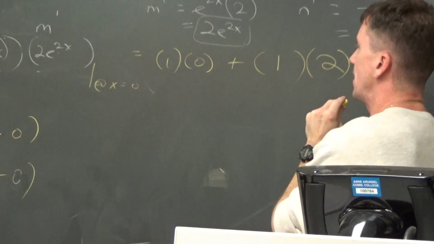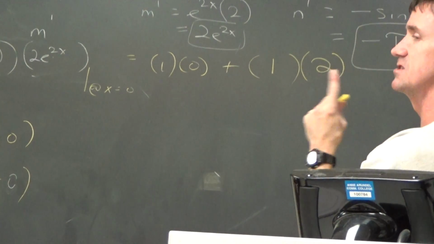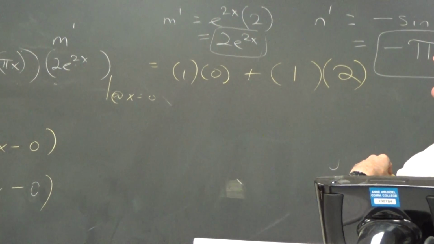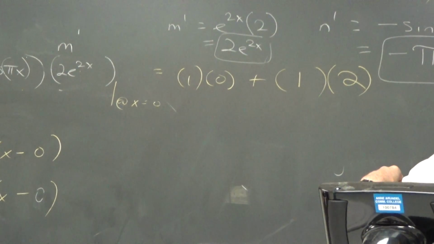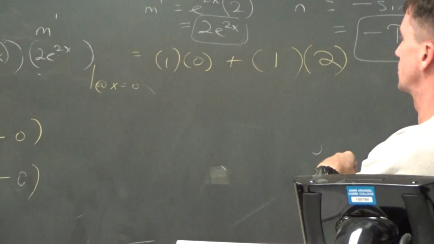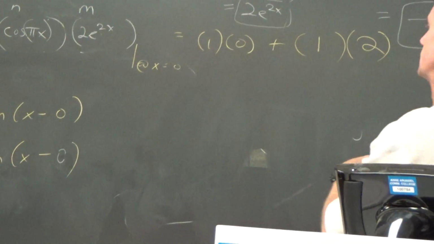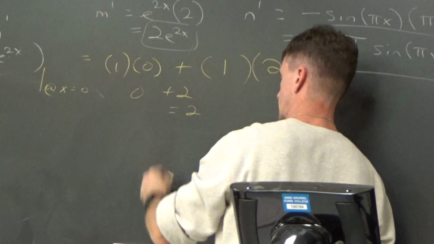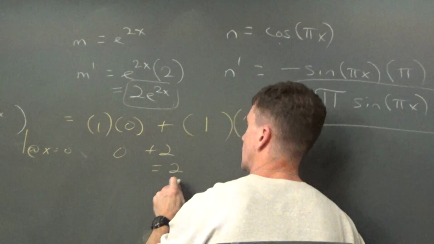So check out all that math, everyone. That's our slope. That's the slope of the tangent line. What do you all get? One times 0 plus 2 times 1? All right, let's get it in here.